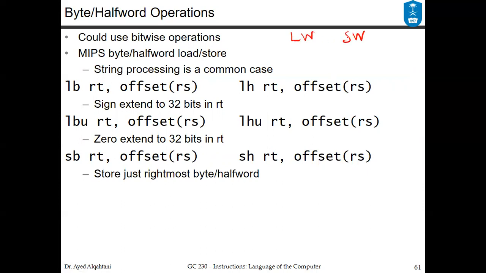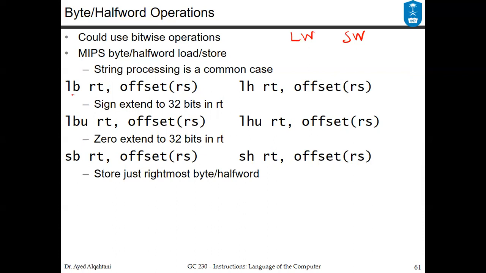We always work with the 32-bit as a whole. But now, since we have characters, and we know that the characters could be only 8 bits, meaning 1 byte. Some characters need 2 bytes, which means that it's a half word. So now we need instructions to deal with this.